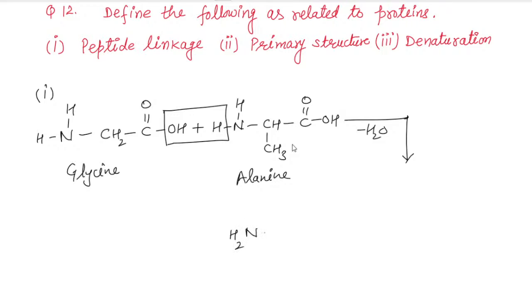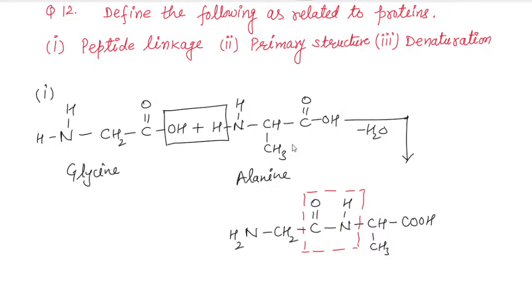So it becomes NH2, CH2, C double bond O, NH, CH, CH3 and COOH. This linkage is called peptide bond. We call it peptide bond or peptide linkage.